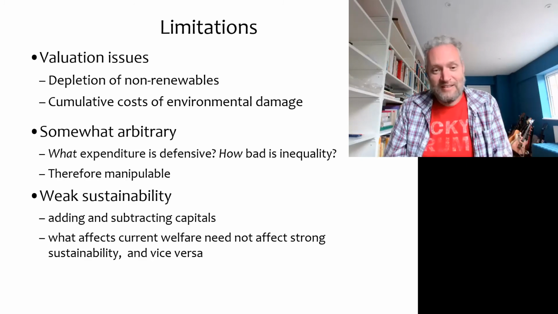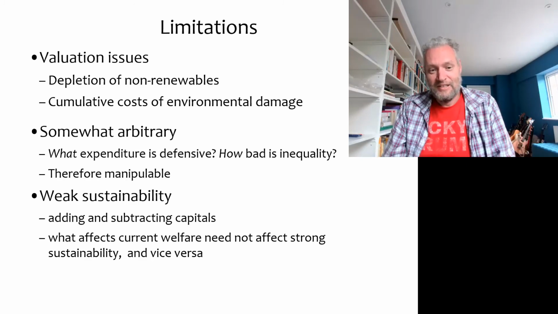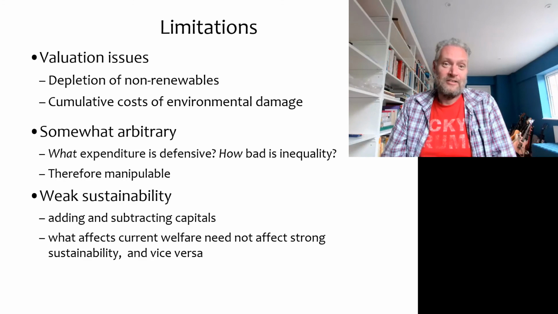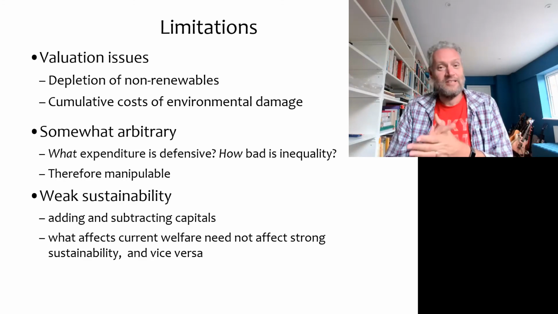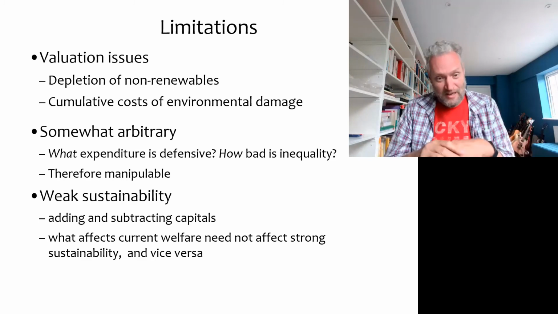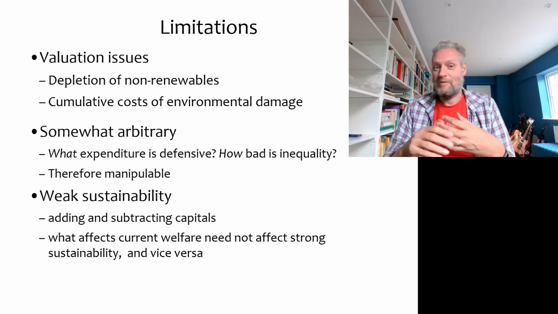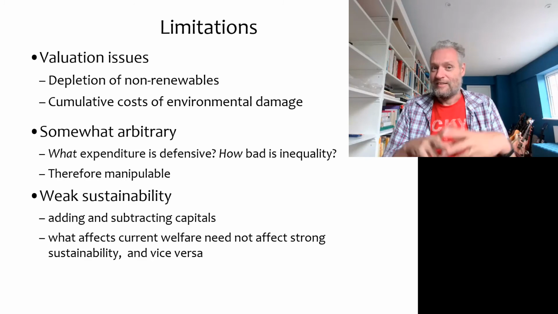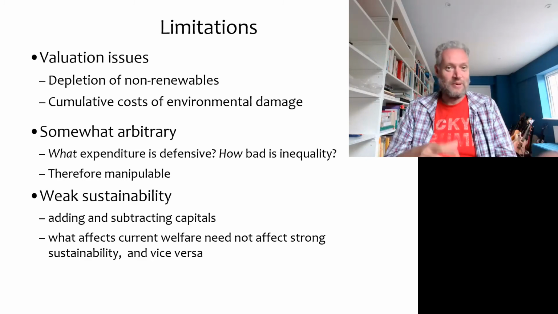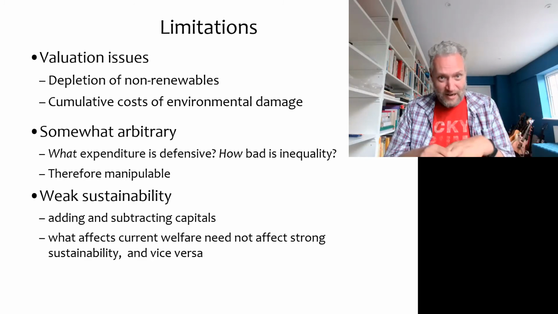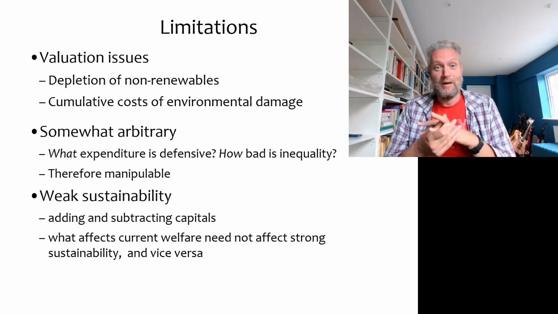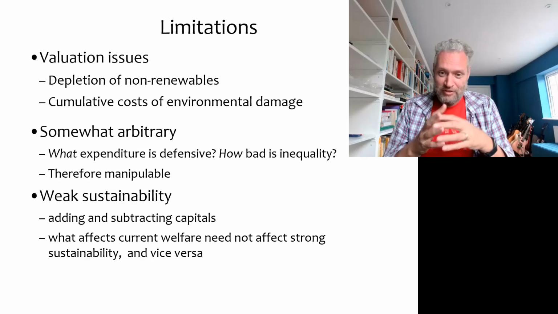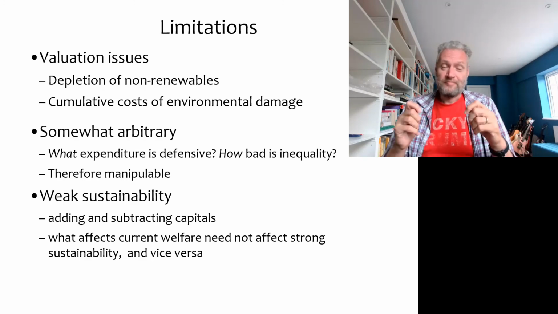There's also all sorts of arbitrary distinctions in here. What expenditure is exactly defensive? You can take a cycling helmet and say, well, that is a defensive measure, doesn't bring me any utility whatsoever. That is a purely defensive expenditure to prevent harm to my head should I fall off my bike or be driven off my bike.